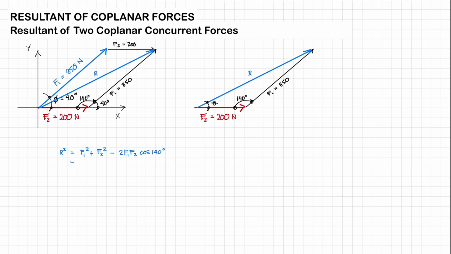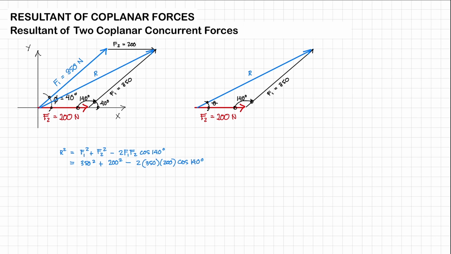Right, so let's substitute the values. Our F1 is 350, so that's squared, plus F2, that is 200 squared, minus 2 times 350 times 200 cosine 140 degrees.